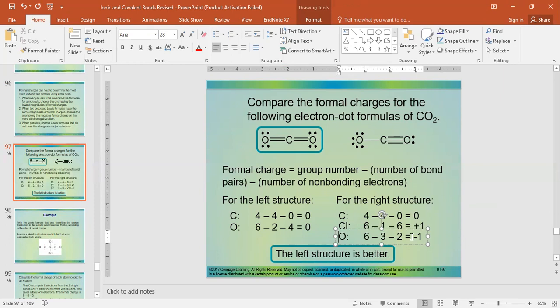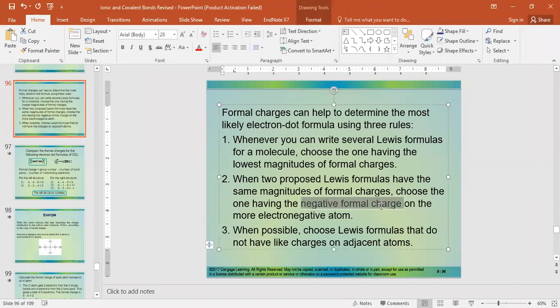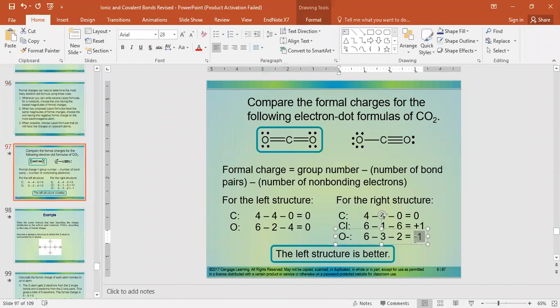Now, if this one has a negative charge somewhere, and you find it either in a carbonate or in an acetate, then you would prefer the one with the negative formal charge on the more electronegative atom.